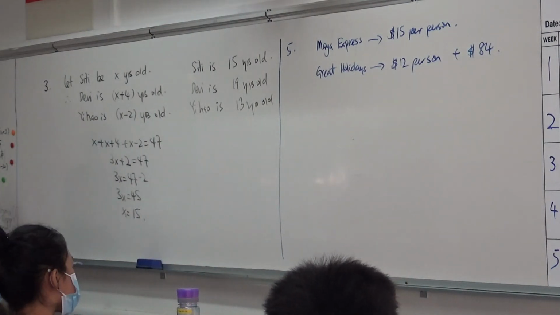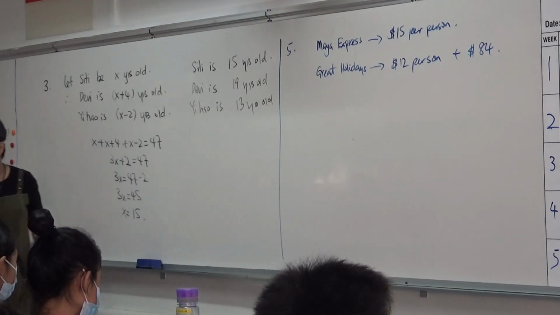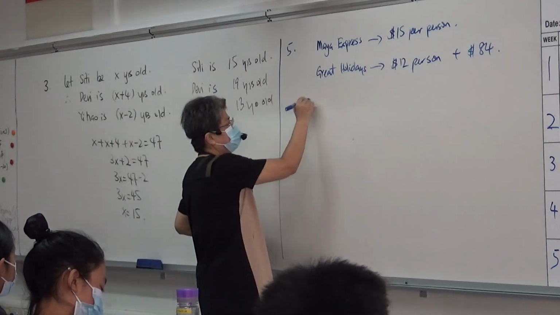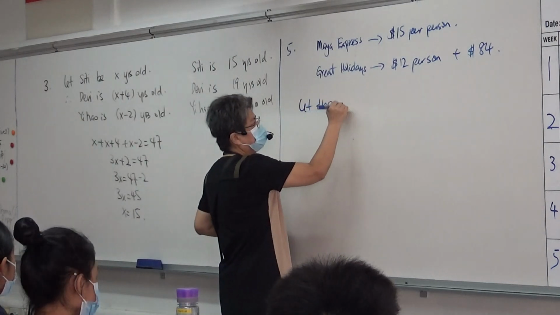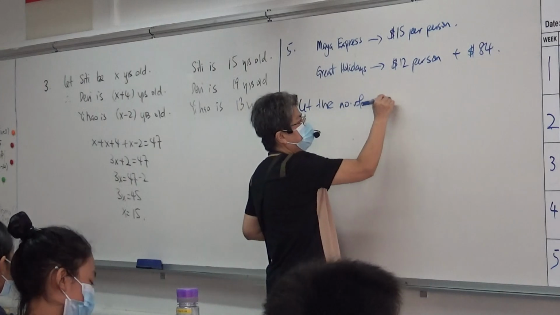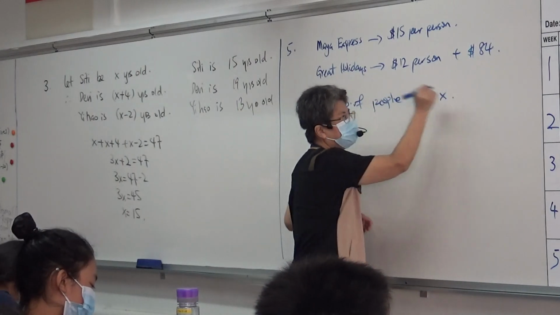People going for the holiday? What must I let first? Let the number of people be X, right?